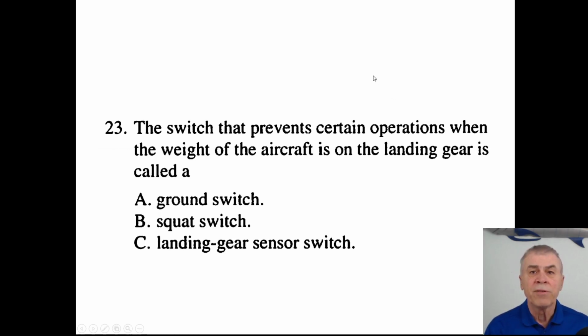The switch that prevents certain operations when the weight of the aircraft is on the landing gear, the trick there is the weight of the aircraft. So that'll prevent certain operations such as, well, I would say anti-skid, which is also part of position and warning, but we'll cover that in more detail when we get to it. That is either the squat switch or the weight on wheels, WOW switch, but the squat switch, or sometimes I'll call it the ground.